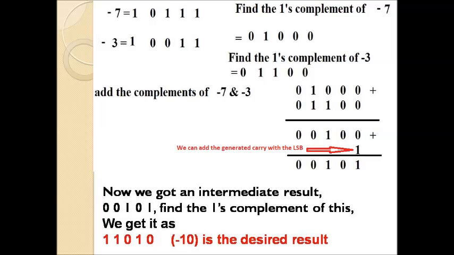Both are applicable. So in the case when both numbers are negative, we are adding the carry to the least significant bit as well as finding the ones complement of the intermediate result.